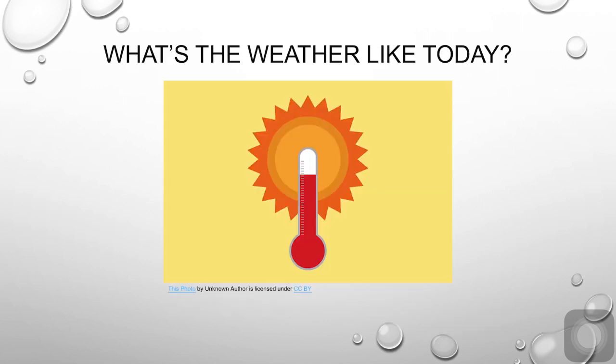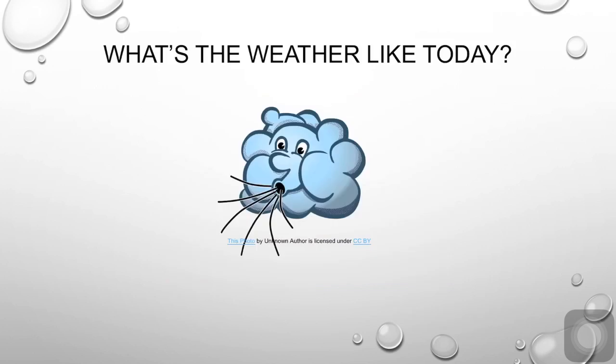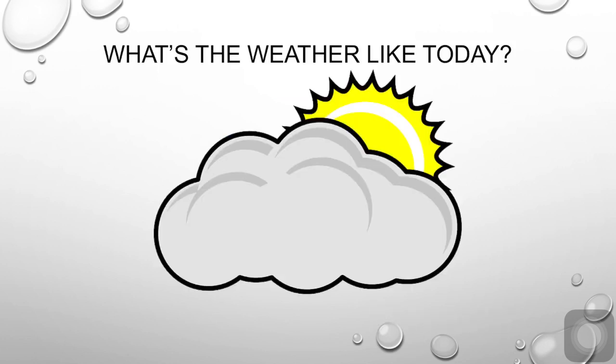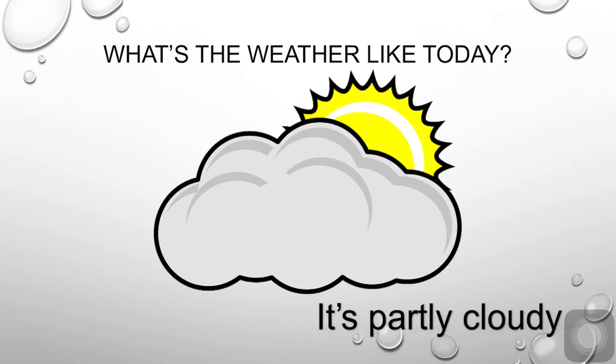Next, what's the weather like today? Good. It's hot. What's the weather like today? Good. It's windy. What's the weather like today? It's partly cloudy. So partly cloudy, you can see the sun and lots of clouds.